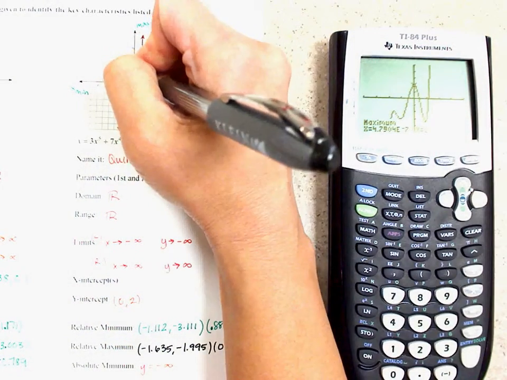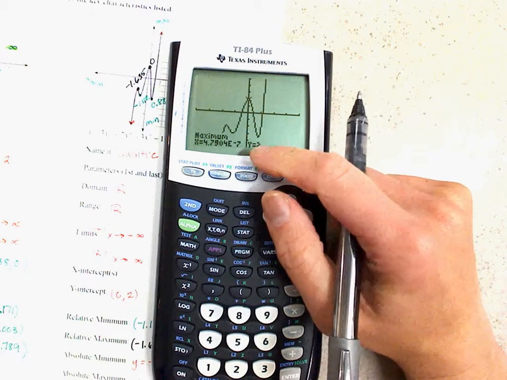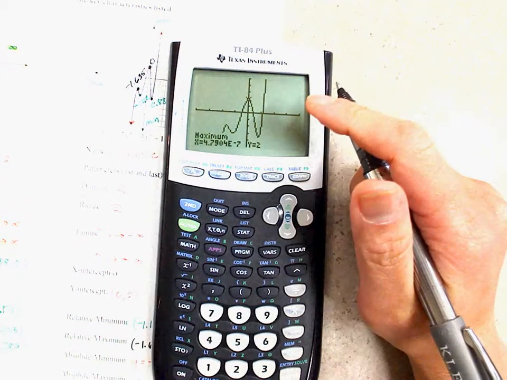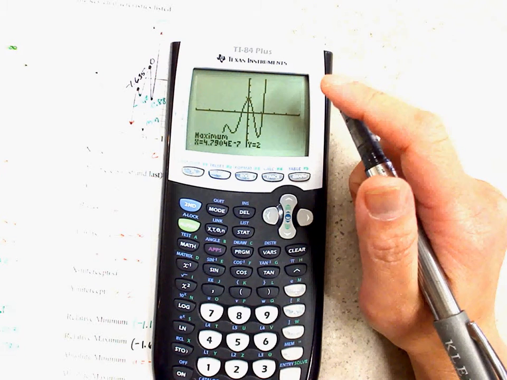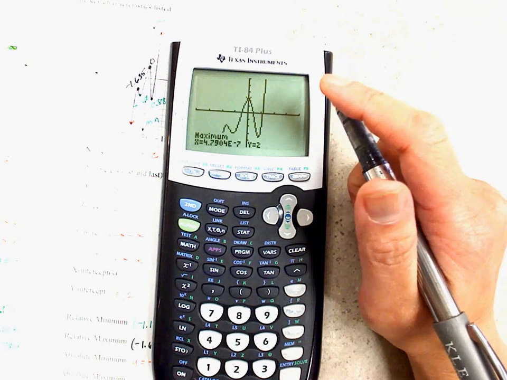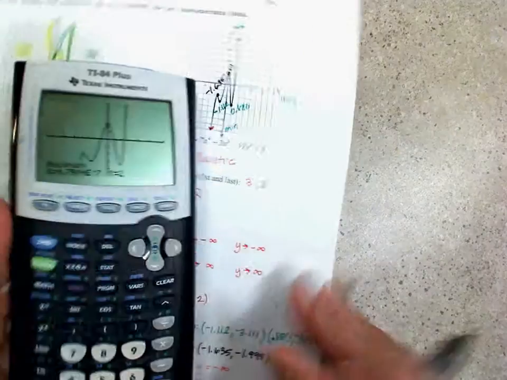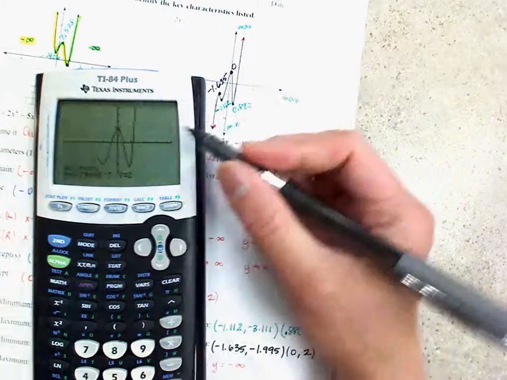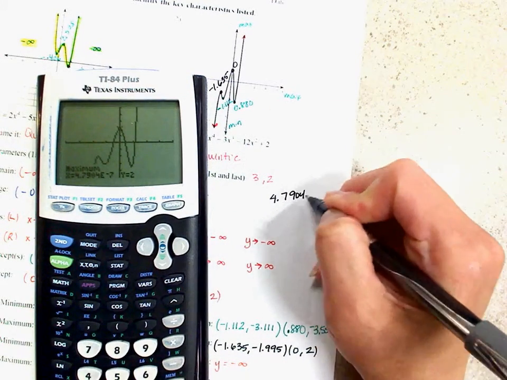This number means 0.0000004.79. So in case you didn't know, let me show you what that number means, okay? Do not write that as an answer, just convert it to a 0. So 4.7904, E is times 10 to the negative 7.